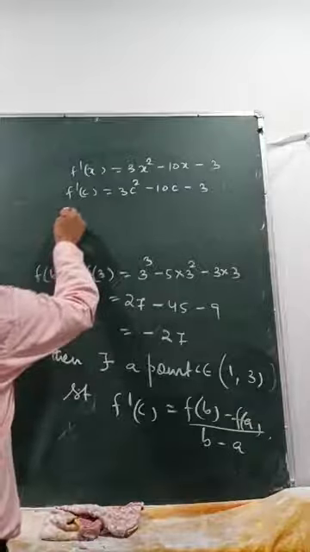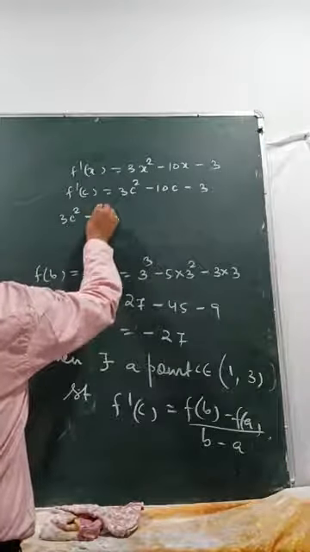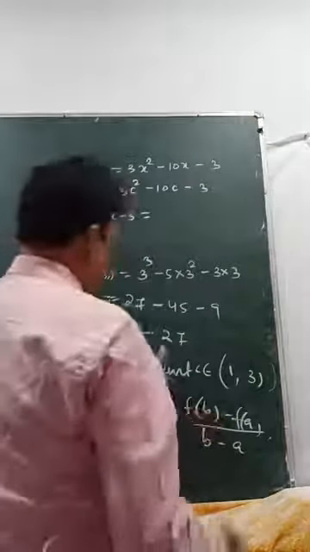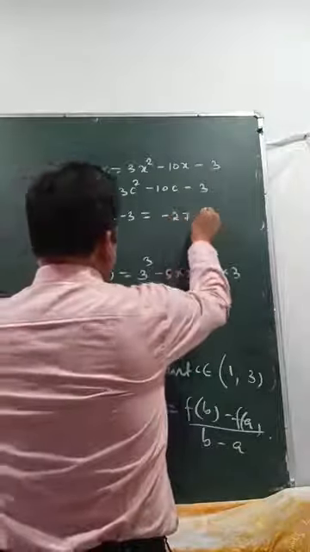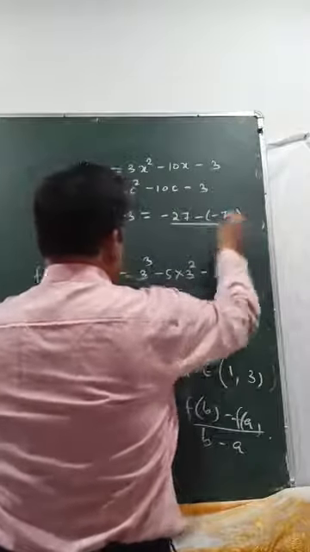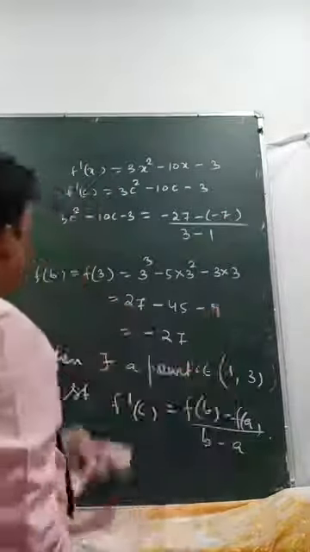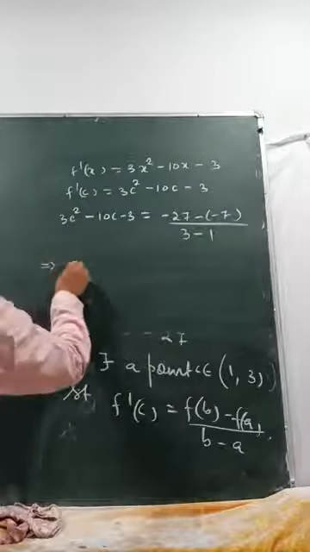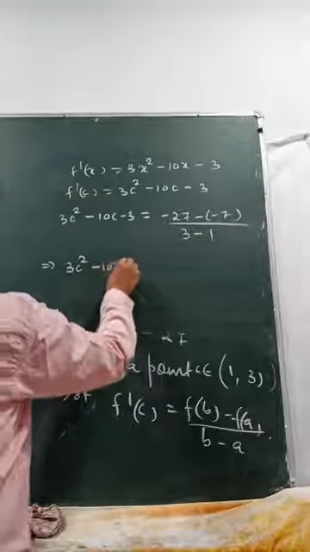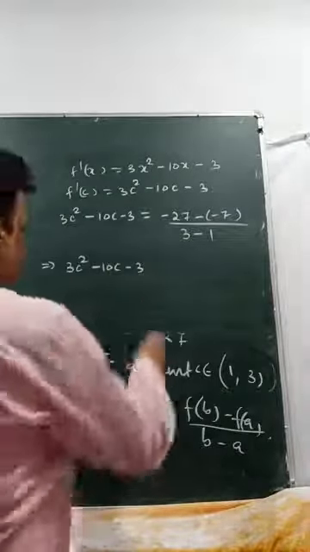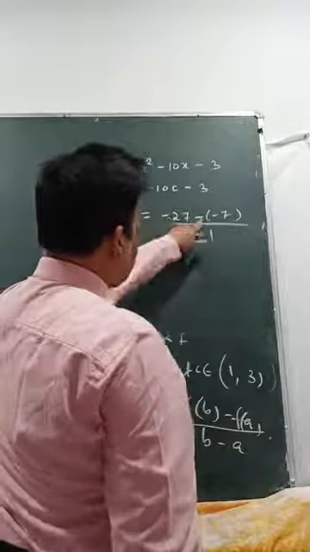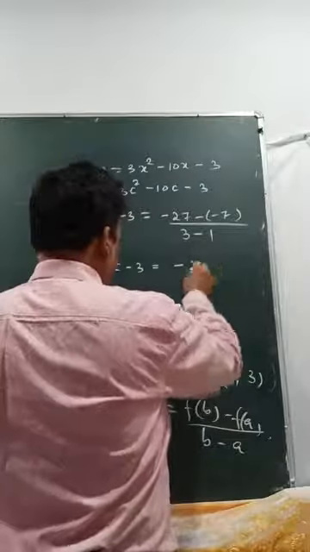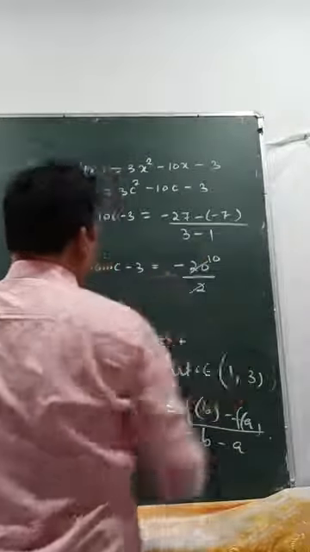Then 3c square minus 10c minus 3 equals (f(b) minus f(a)), minus 27 minus of minus 7, by 3 minus 1. So what did you get here? 3c square minus 10c minus 3 equals minus 27 plus 7, minus 20 by 2, that is minus 10.